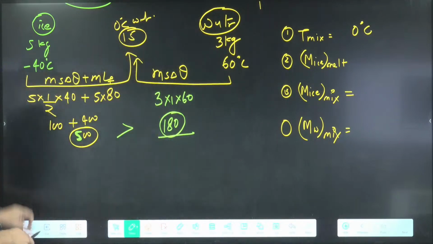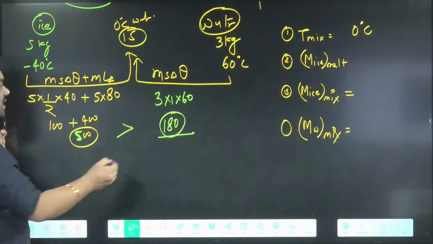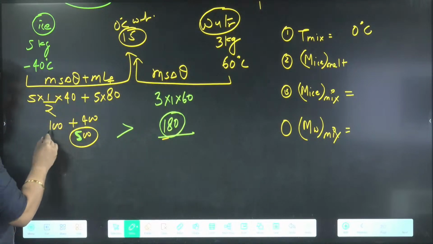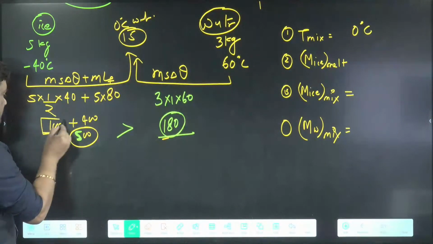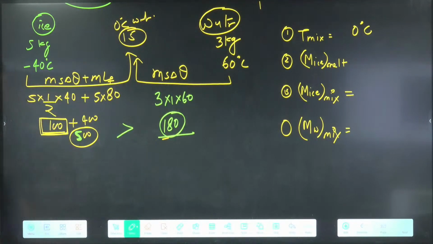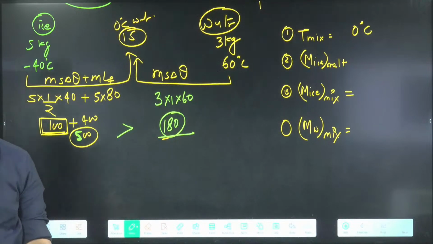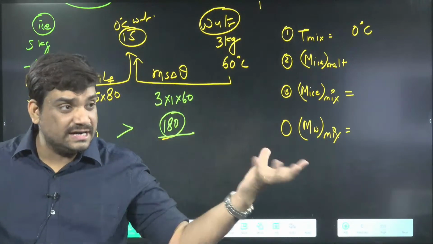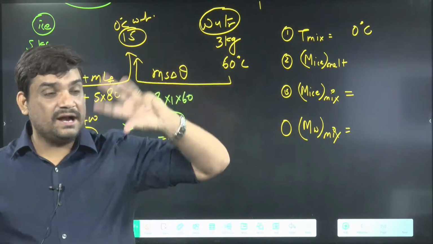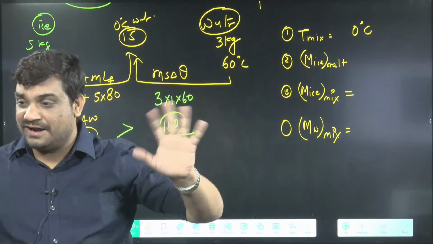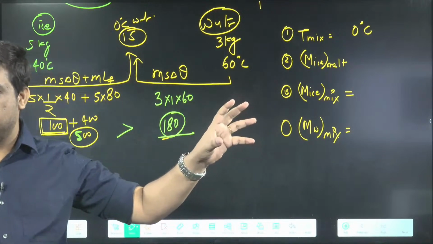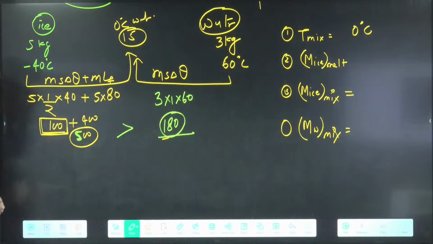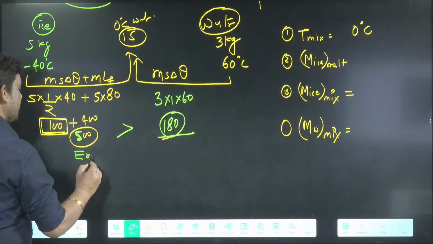What ice will say in this case is that out of 180, first of all you have to bring it to 0 degrees Celsius. To bring this ice to 0 degrees Celsius, 100 calories will be consumed to increase the temperature. Out of 180, 100 is consumed to increase the temperature. With that 100, ice is not going to melt. So you will say, sir, how much energy is left for the melting purpose?